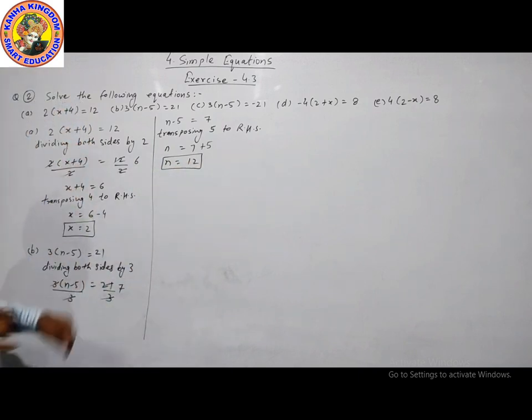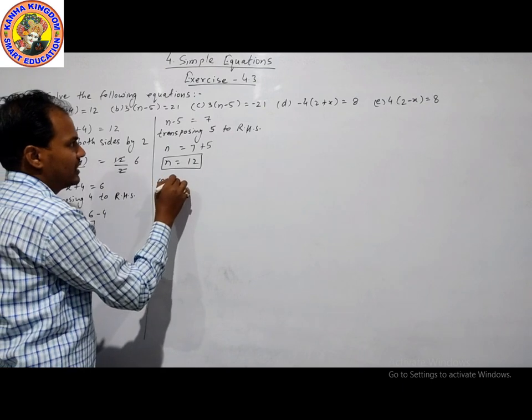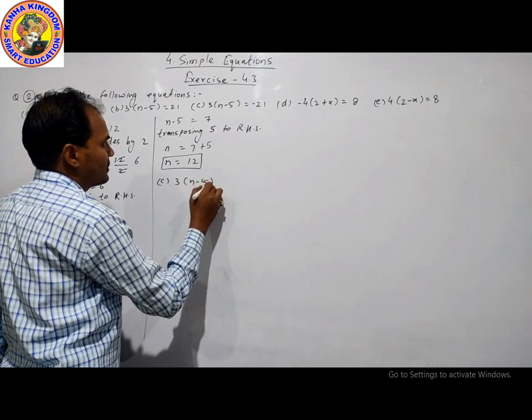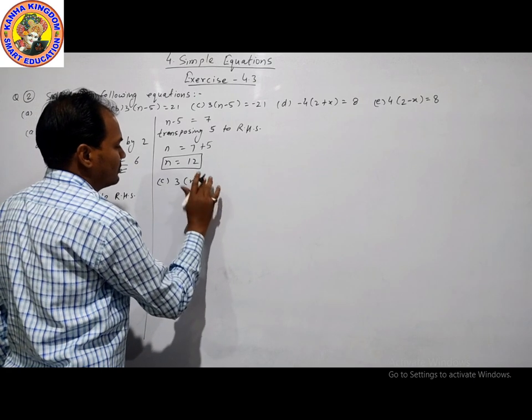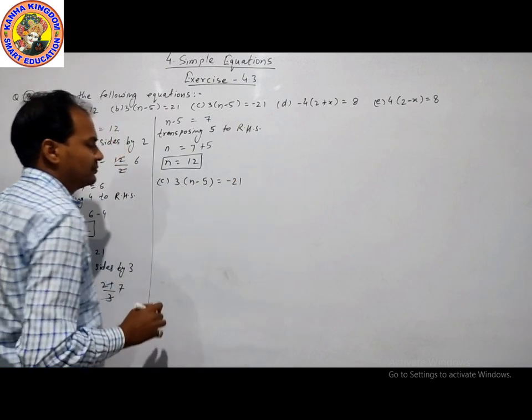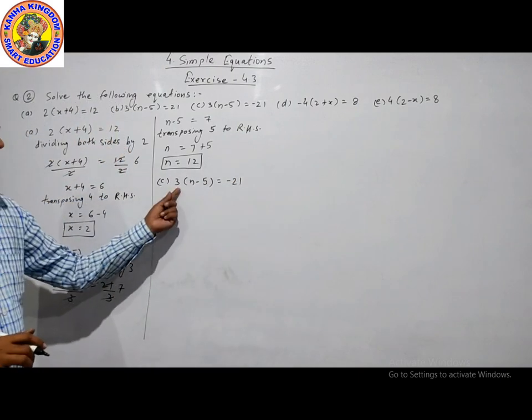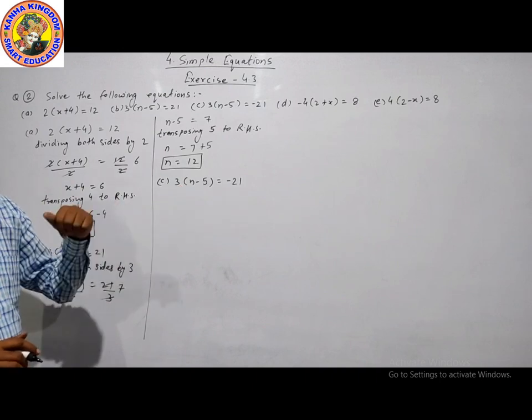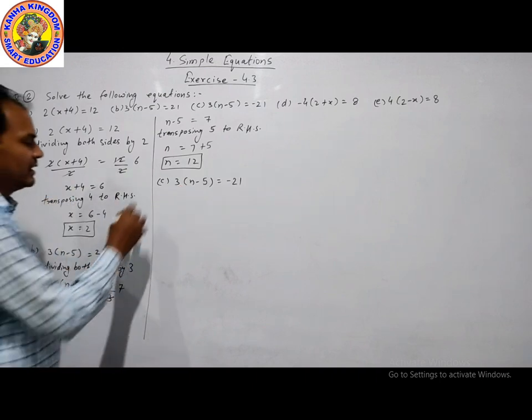Now attending part C. Part C is 3(n - 5) = -21. 3 into bracket, first of all we will solve the 3. 3 is multiplied, the reciprocal of this is divide. So we will divide by 3.